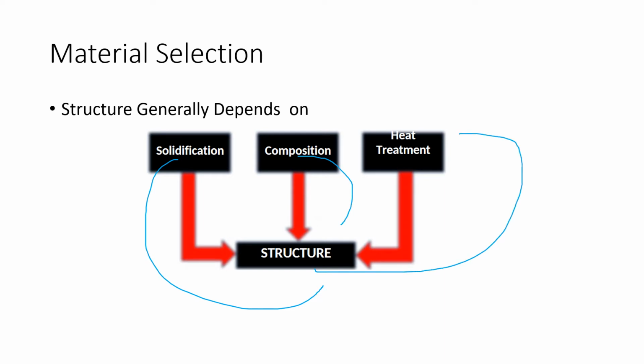If we do good heat treatment for a specific alloy or metal, the structure can be perfect, or the properties of the structure can be enhanced.